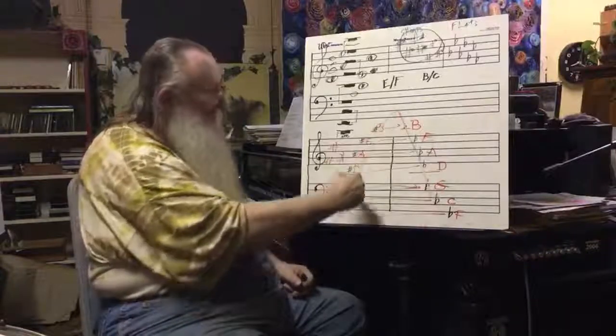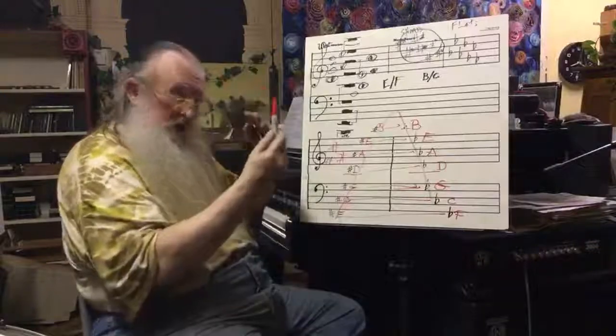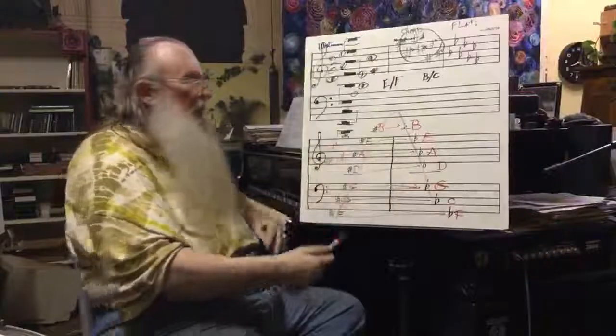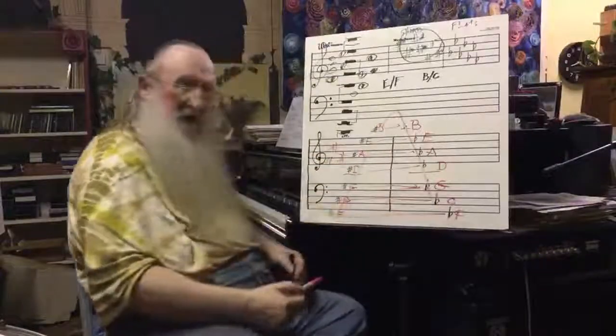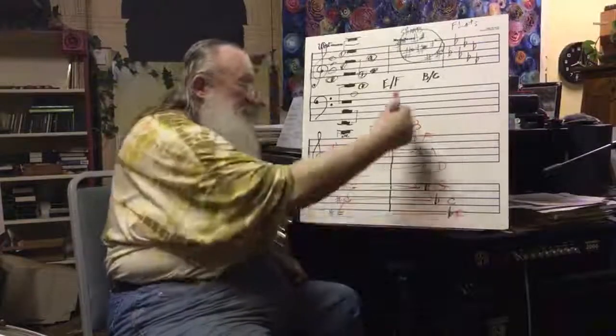So if you memorize this forward for your sharps, you've got that in your head: oh, I know the first one's F, the next one's C, the next one's G, next one's D. If you do it backwards, B, E, A, D, G, C, F, you will have, again, the circle of fifths going through the flats, coming down.